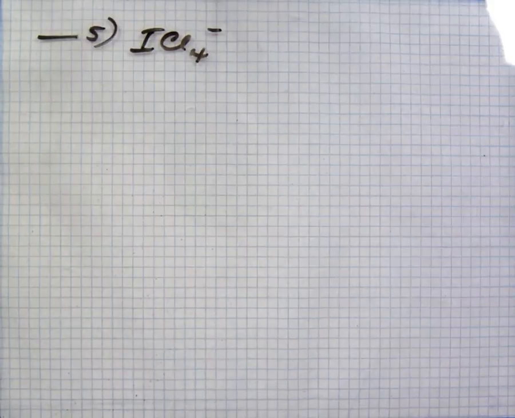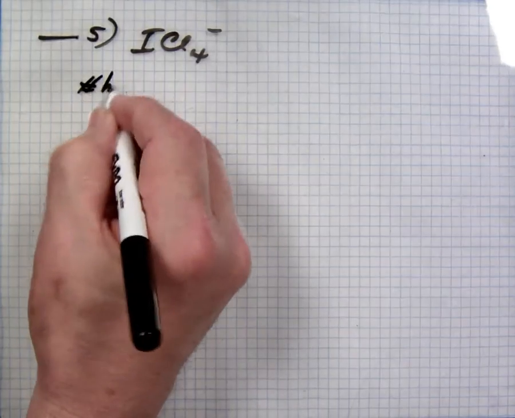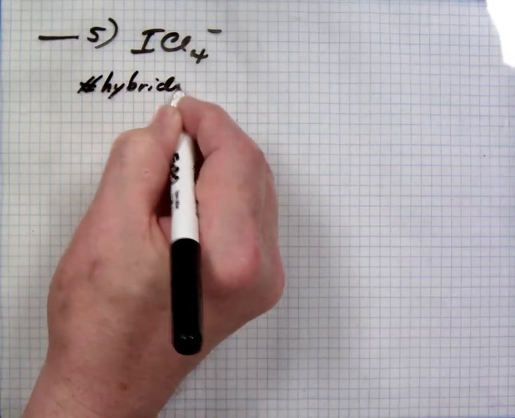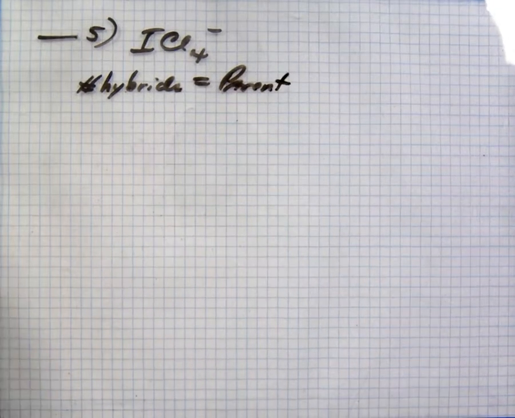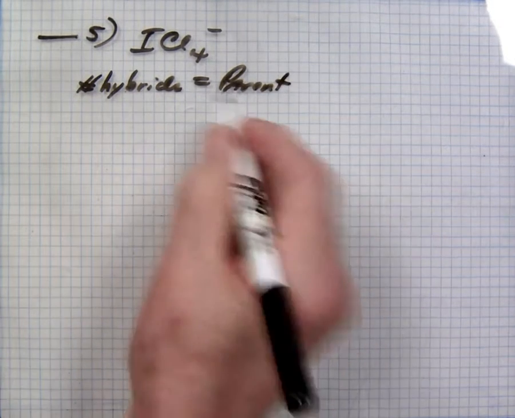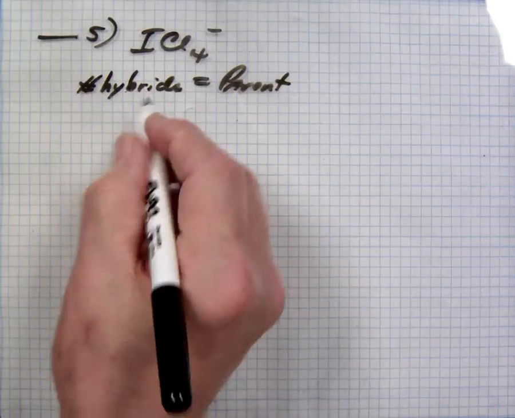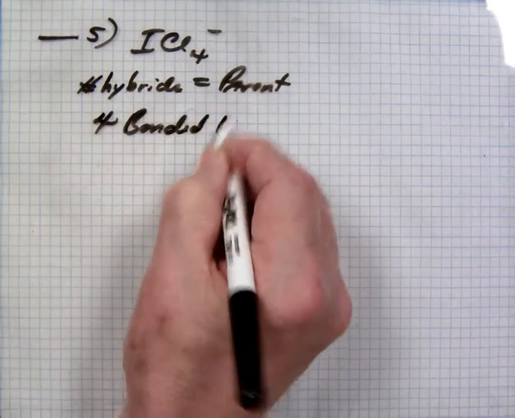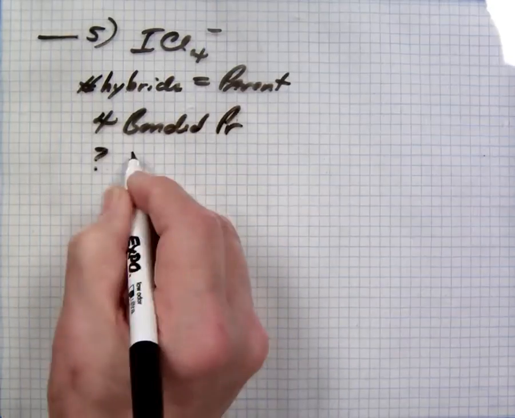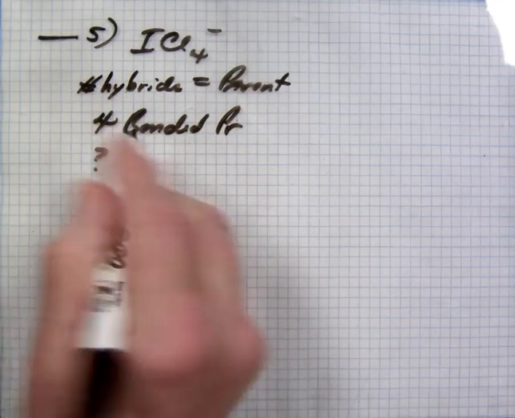Well, the number of hybrids equals the parent structure. So the parent structure is 4 bonded pairs and so many non-bonded pairs.